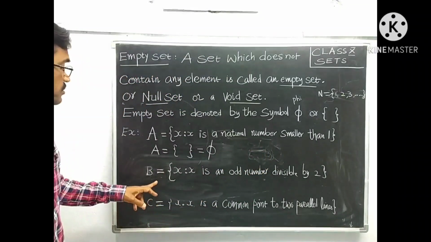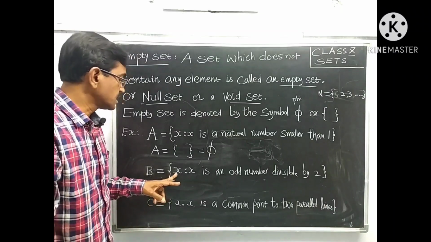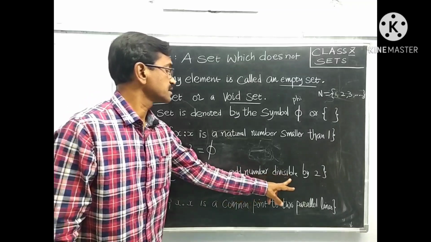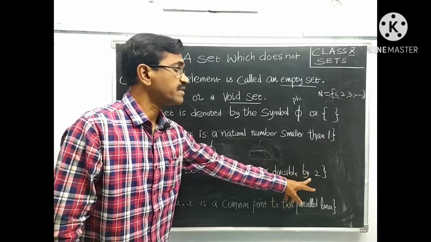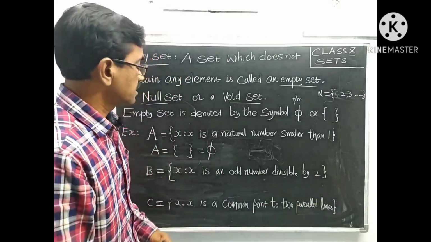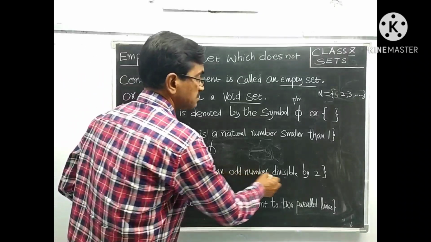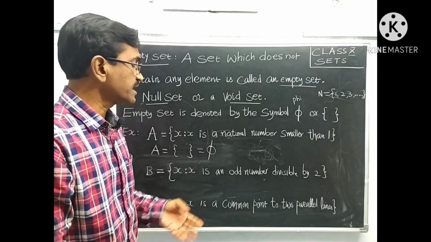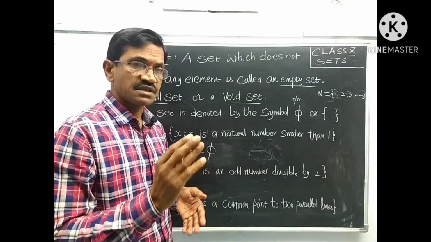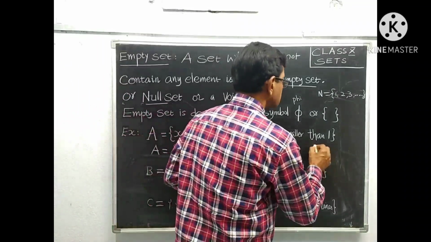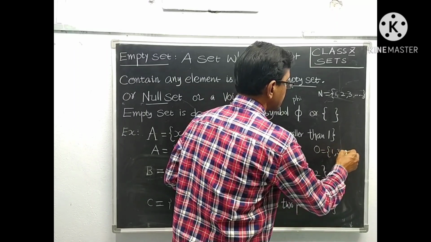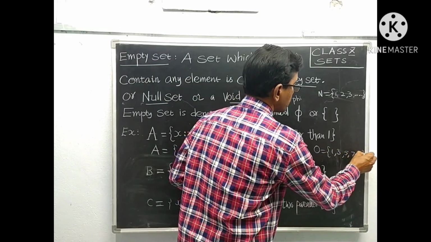Next, second example, B is equal to set of x such that x is an odd number divisible by 2. Odd numbers are not divisible by 2, we know. If we divide any odd number, it leaves remainder 1. Let us take this set, odd numbers 1, 3, 5, 7 and so on.